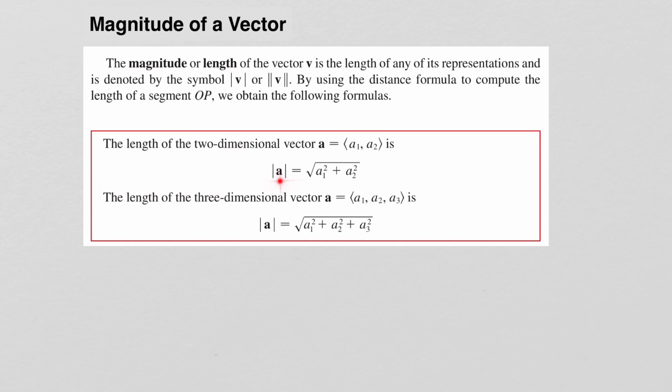And so the magnitude of a vector A that has an x-coordinate of a1 and a y-coordinate of a2 in the 2-dimensional space is simply the square root of a1 squared plus a2 squared. And in 3-dimensional space, we simply take the sum of the squares of all of the components and then take the square root.